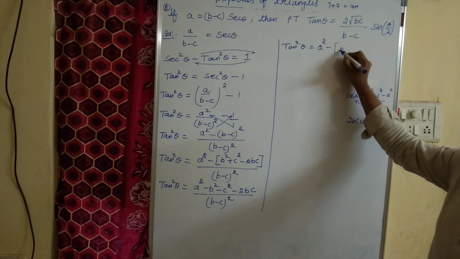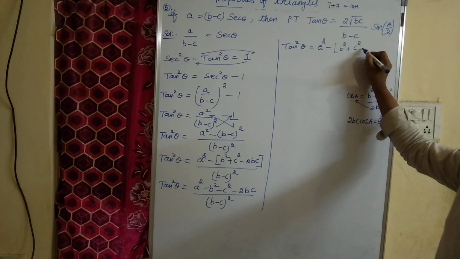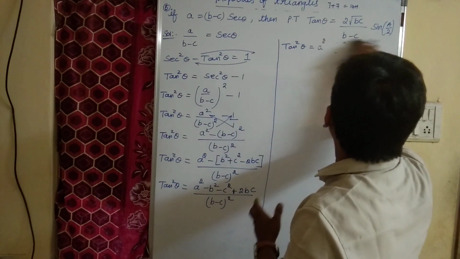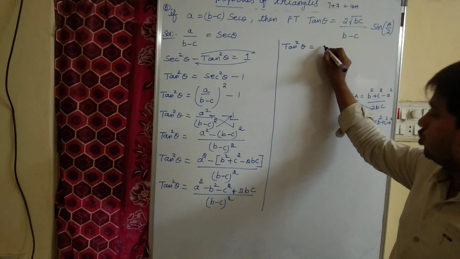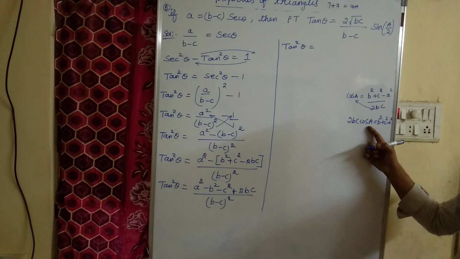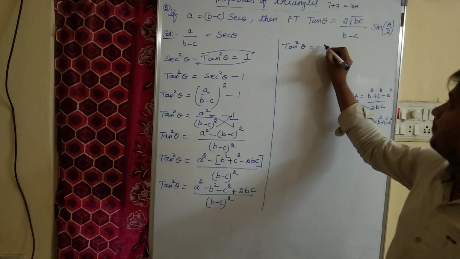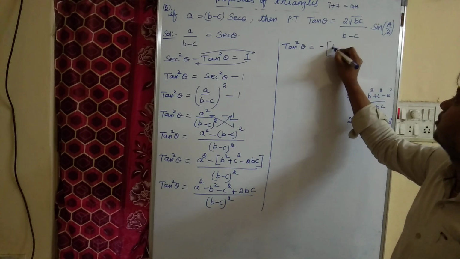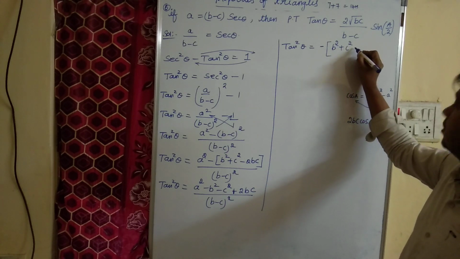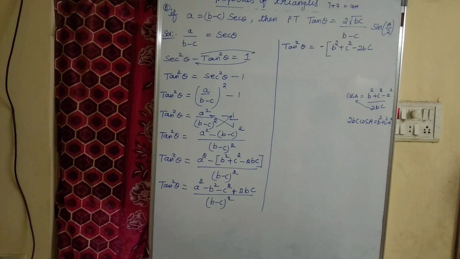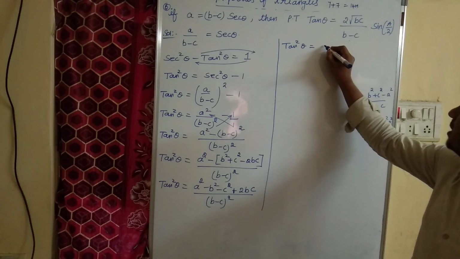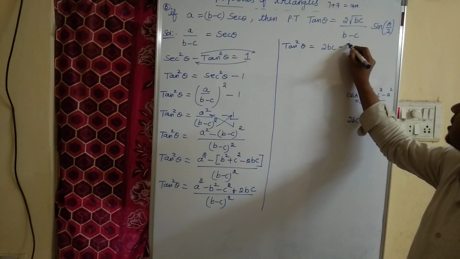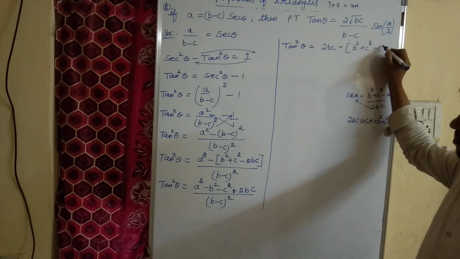From these terms I can write 2bc first. Then from these three terms, taking minus common, it becomes b² + c² − a².